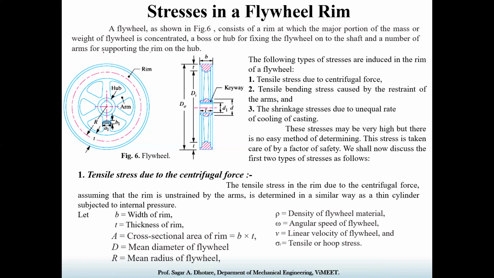So let's consider small b is the width of rim, small t is the thickness of rim, capital A the cross-sectional area of the rim, that is b into t, d is the diameter of flywheel, R is the mean radius of the flywheel, rho is the density of the flywheel material, omega is the angular velocity of the flywheel, v is the linear velocity of the flywheel, and sigma t is the tensile or hoop stress.